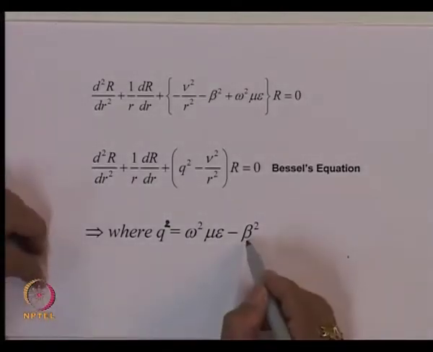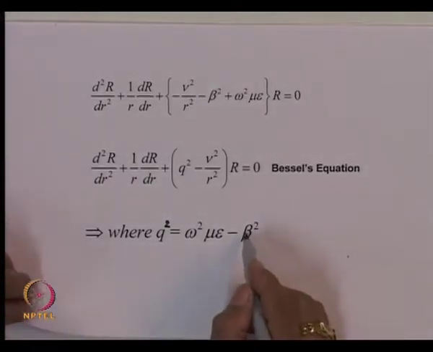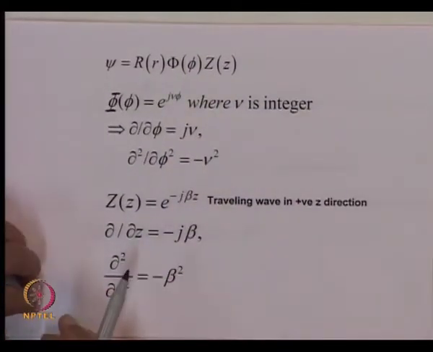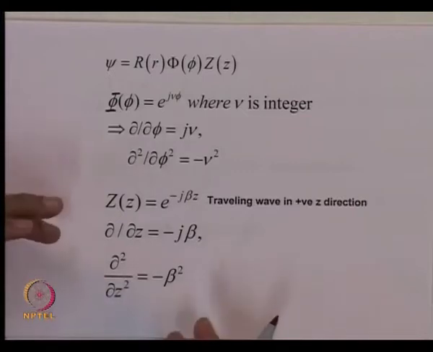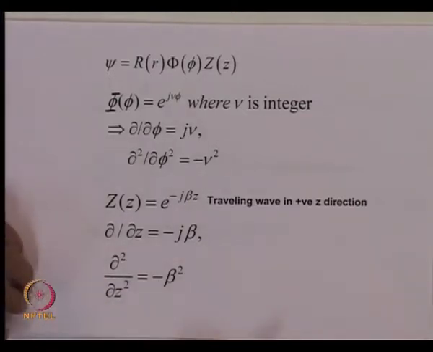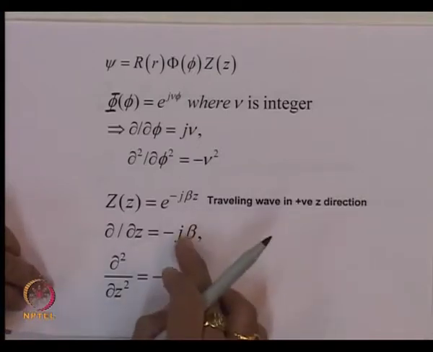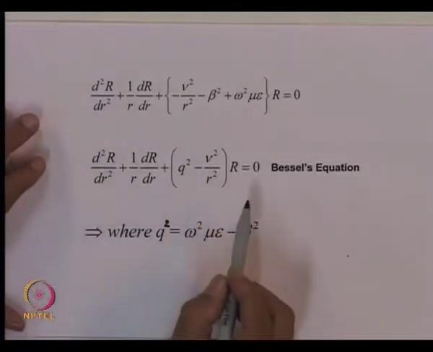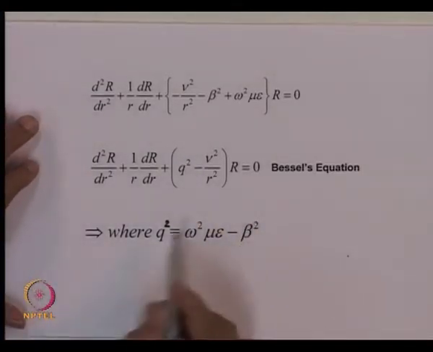Note here that this quantity beta, which is nothing but the phase constant of the travelling wave, is to be determined by applying appropriate boundary conditions. So this is the unknown quantity in this expression. But if I knew this quantity beta, then this quantity q is known.